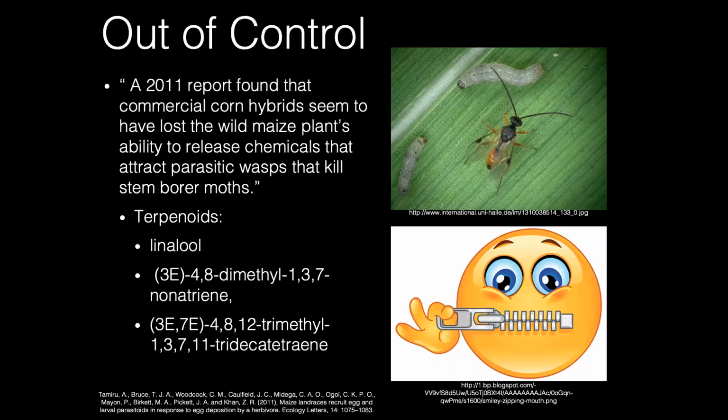So another good example is when we accidentally do the wrong thing. A 2011 report found that commercial corn hybrids seem to have lost the wild maize plant's ability to release chemicals that attract parasitic wasps that kill stem borers. So again, before we understood what was going on, we'd been breeding different varieties of plants for a very long time.